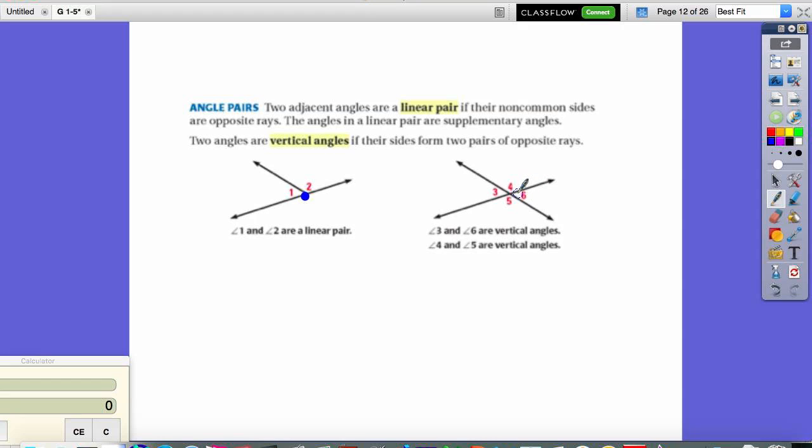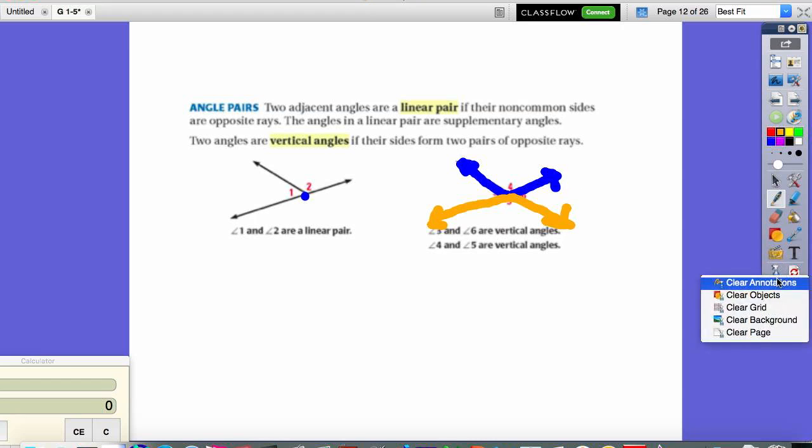With our vertical angles, if the sides form two opposite rays, so this and this on 4 versus the sides on 5 are opposite rays.